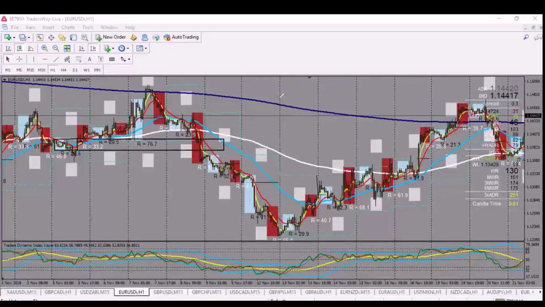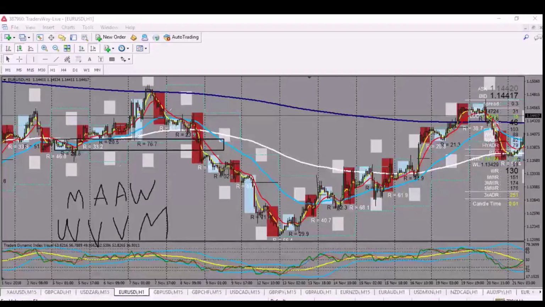The cycle on a bearish trend is going to be as follows: M, A, A, W. Okay, and for a bullish trend, it's going to be W, V, V, M.